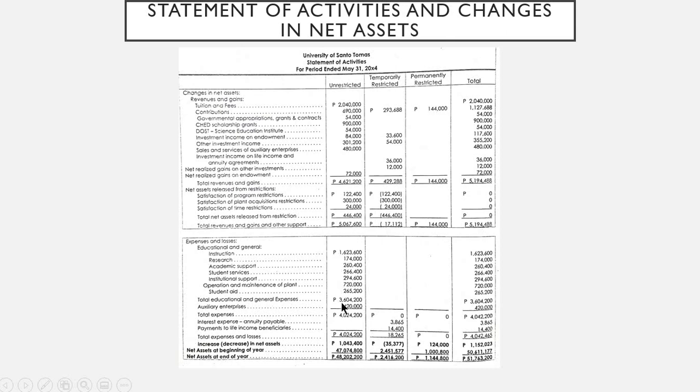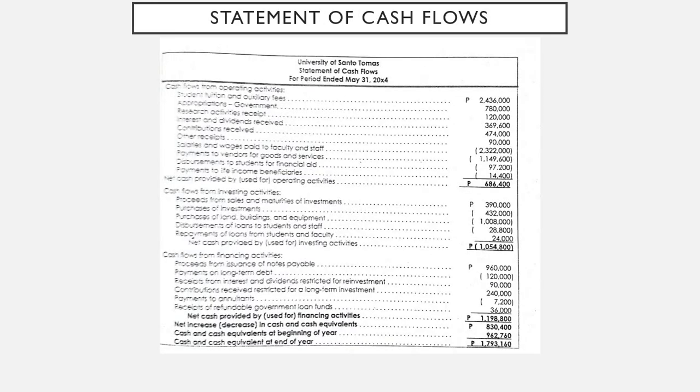Dito naman, okay, our expenses. As you can see, no, mostly yung ating expenses talaga, generally, the expenses must only be recorded in the unrestricted net asset classification. Okay? Ayan. And last is yung ating sa cash flow, statement of cash flow.